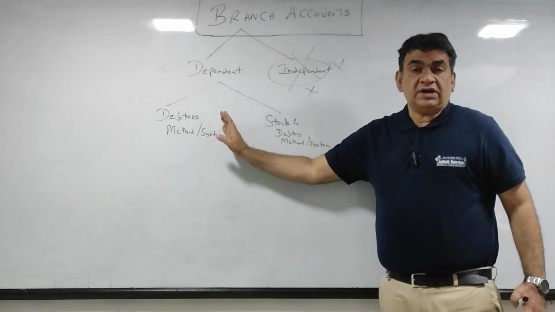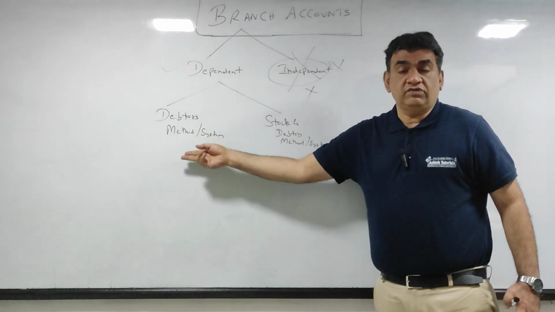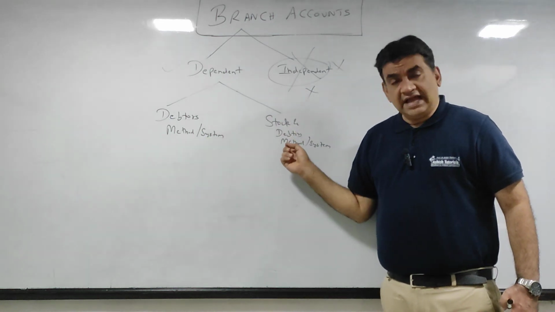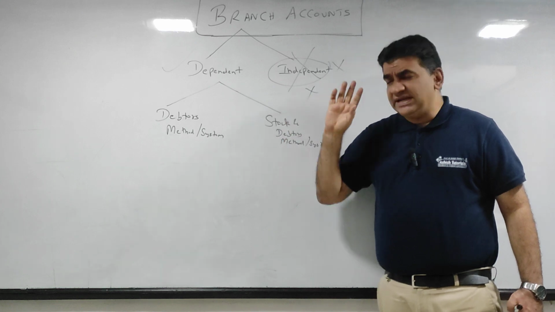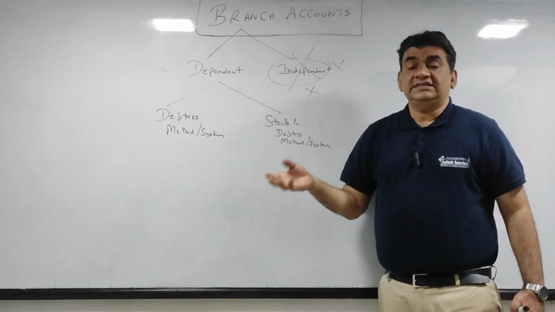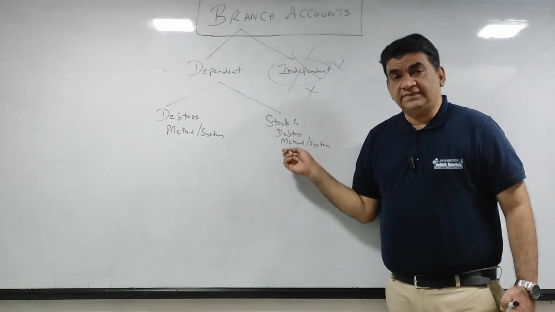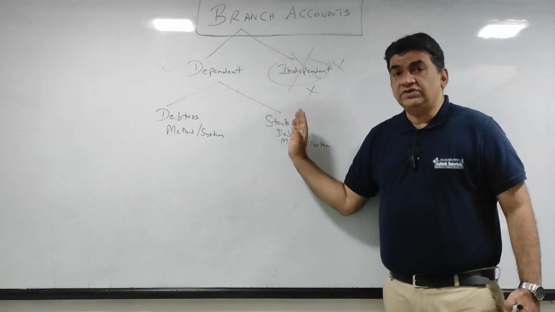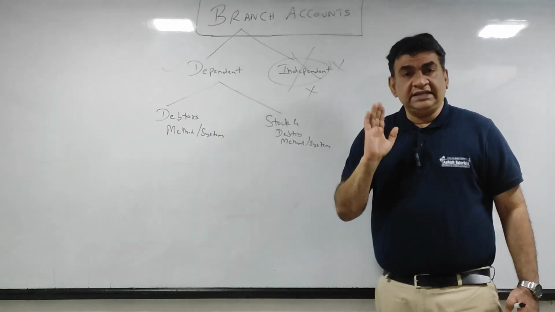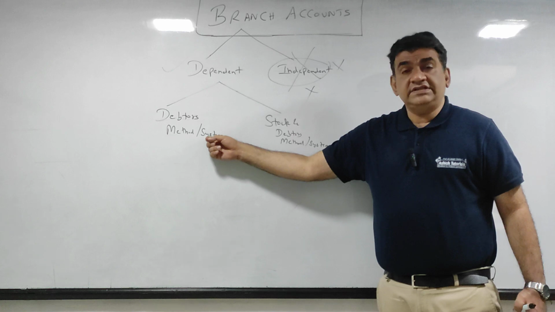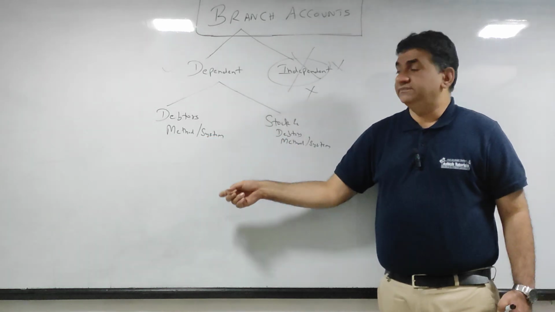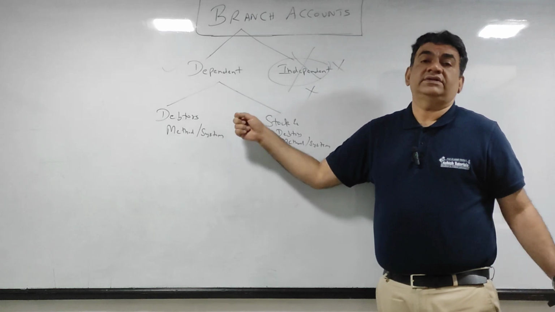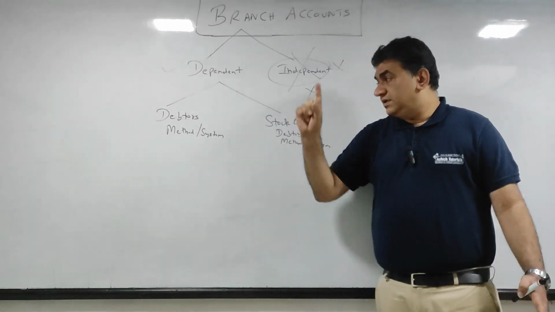In the Debtors method there is one main account, with a few accounts in working notes if needed, but here there will be at least 4 accounts, minimum 4, 5, 6 depending upon the question. Now I am not getting into this because in today's session I am taking a sum where we will see the basic concept of the first method or system, that is Debtors method or system.